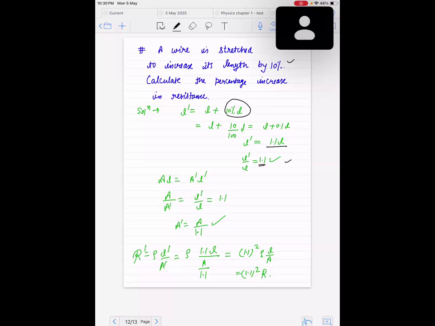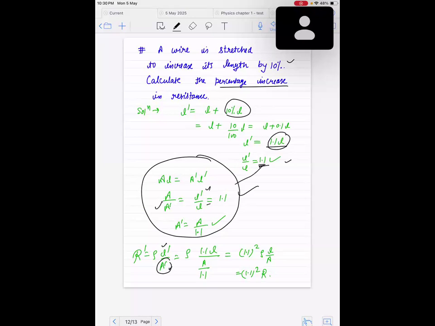Now our task is to find the percentage increment. But before that, let me calculate the new resistance. To calculate the new resistance, we need the new length and new area. New length is 1.1 L. But what is the new area? The same method as I used in the previous problem: A upon A prime is L prime upon L, which is 1.1.